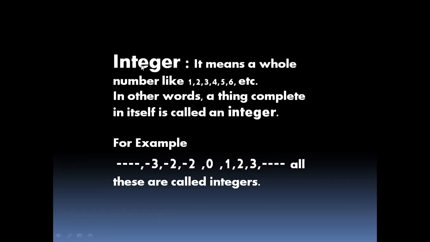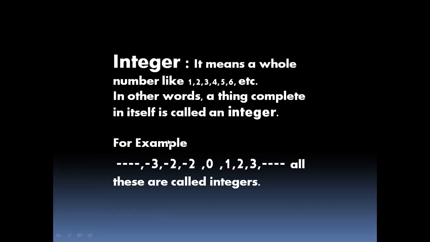Students, first of all, we move to know the definition of integer. As I told you that it means a whole number like 1, 2, 3, 4, 5, 6, etc. Students, if we try to understand integer in simple words, we can say a thing complete in itself will be called an integer.